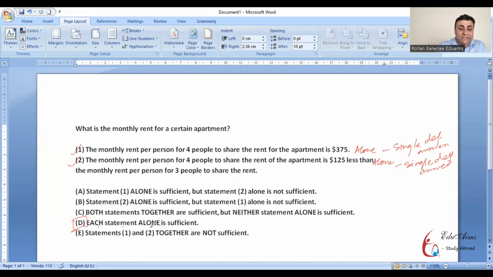So each statement alone is sufficient is our choice. So D is the answer. As you prepare and practice more questions, this will become easier for you, and you will eventually learn all these choices, and you will be able to tackle these questions. Thank you.